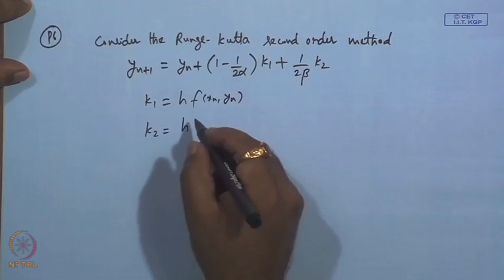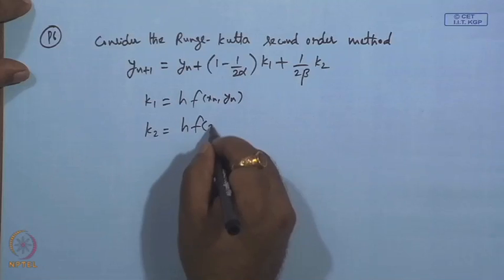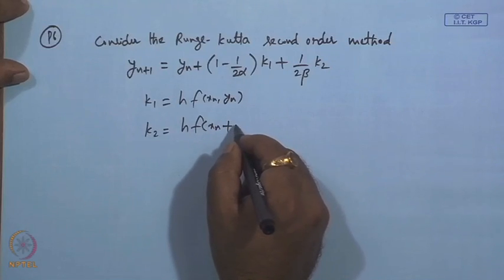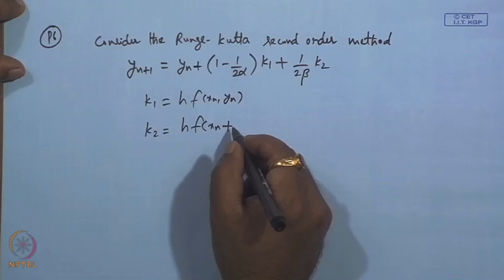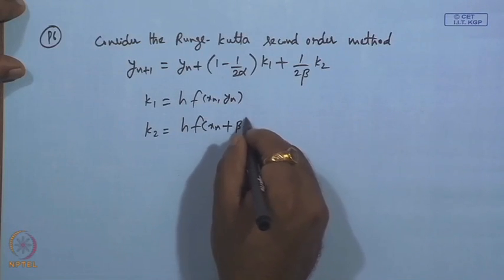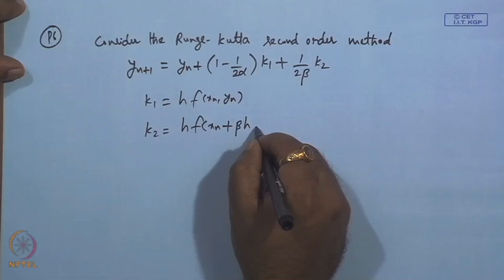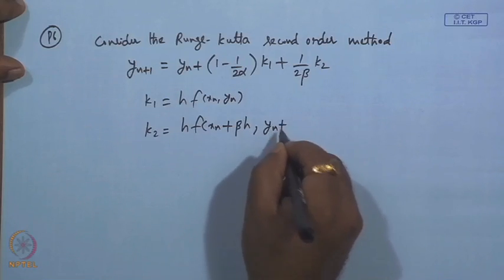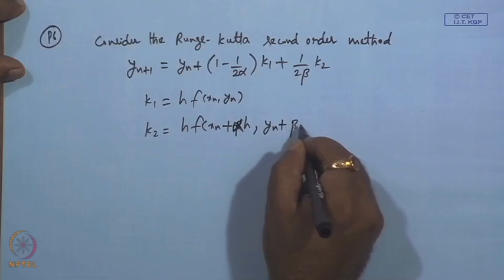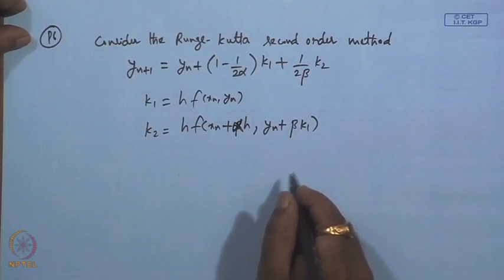K 2 is f of x n plus alpha h, y n plus beta k 1. Okay.